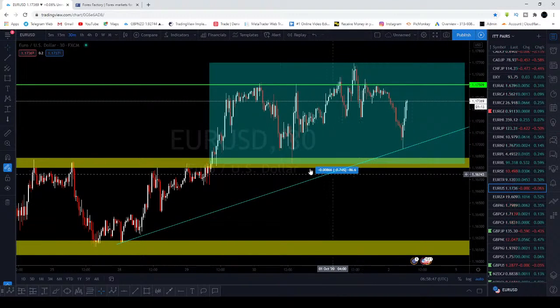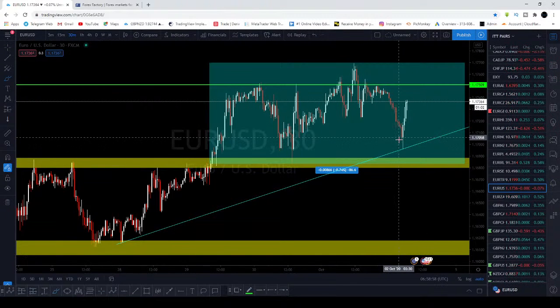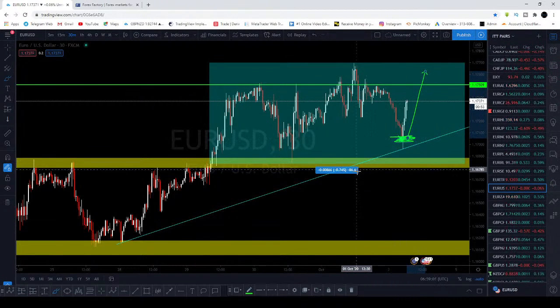We missed a very perfect entry, man. Oh my goodness, we missed a very good one. This is where we were supposed to get in for the buy, right here. As we saw this rejection, we were supposed to get in for the buy to ride it all the way. But right now we are late.